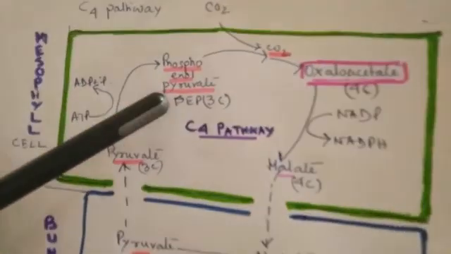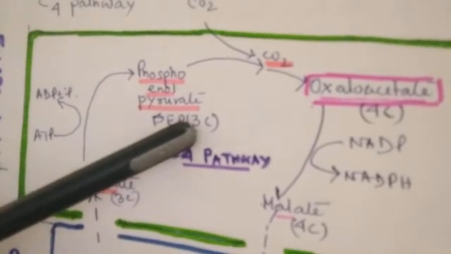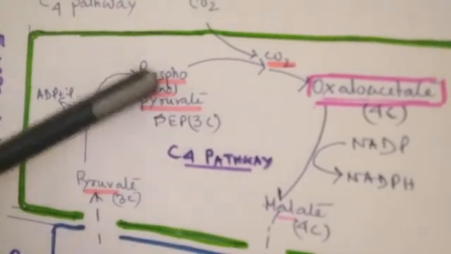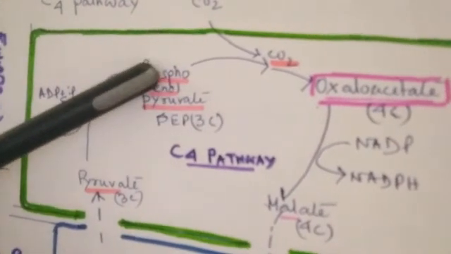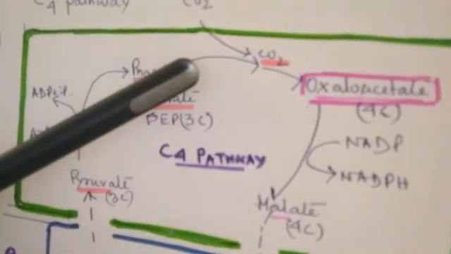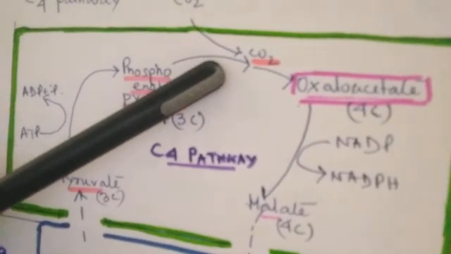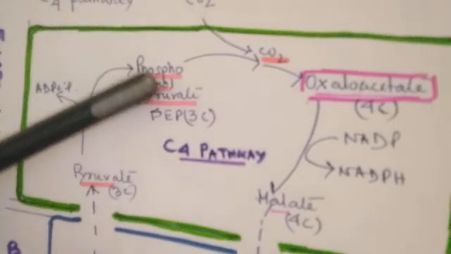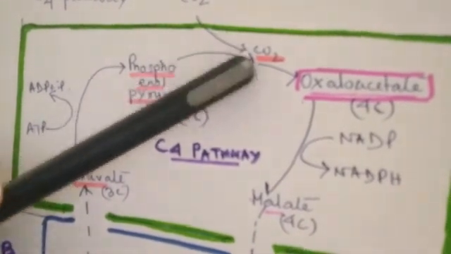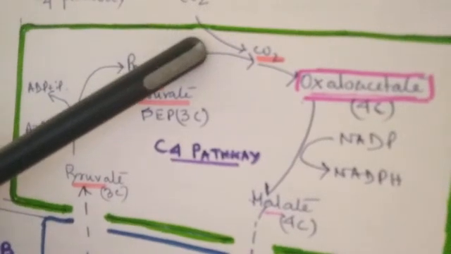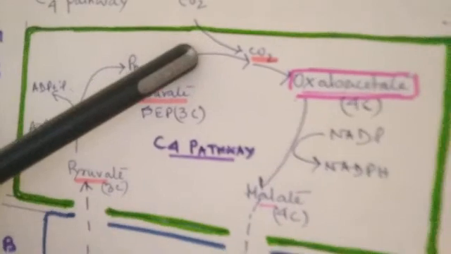Instead, what they contain is phosphoenol pyruvate, the substance which is used for fixation of CO2, and the enzyme is phosphoenol pyruvate carboxylase, or PEPcase.